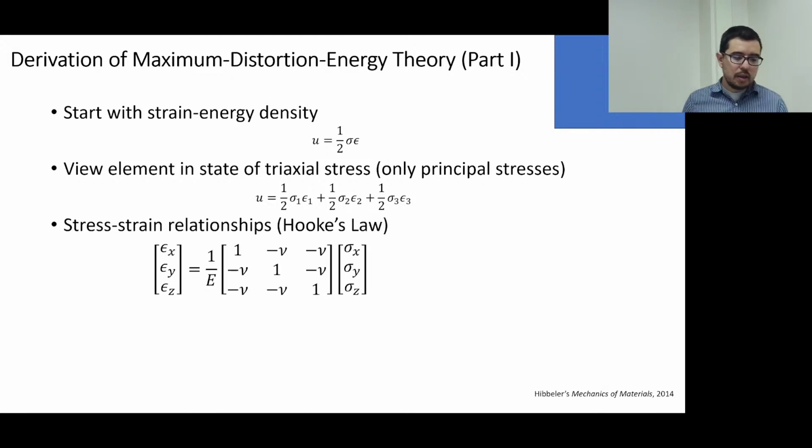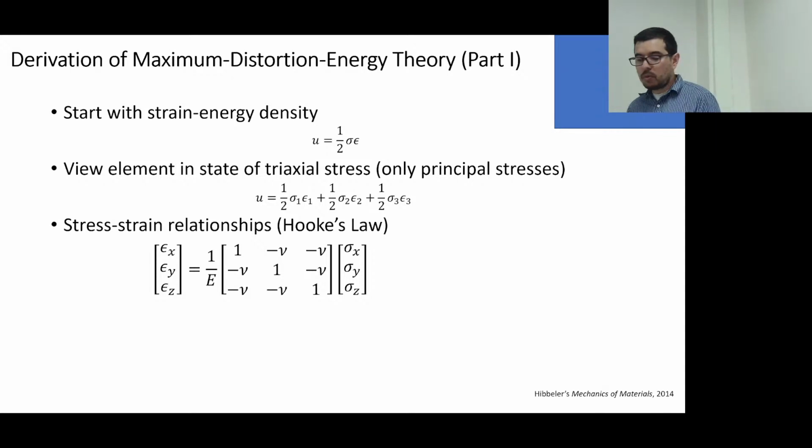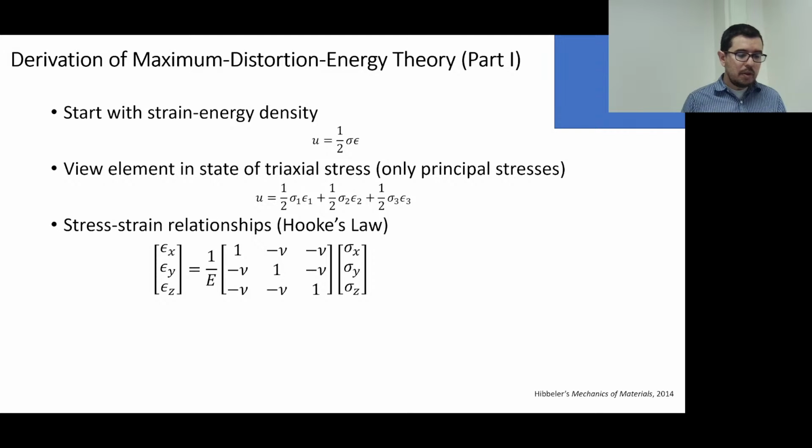Another thing that we know is that there are stress-strain relationships from Hooke's law. And we can relate these normal stresses to their normal strains. Well, that could be useful, right? Because we have sigma 1s and epsilon 1s, right?